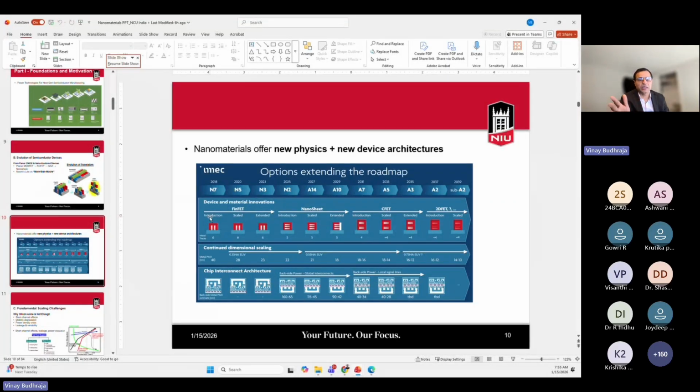It's a decade old story, and then it evolved from FinFET to the nanosheet, which will be dominated from 2025 to 2029, and then further 2031 to 35 CFET, and then 37 and beyond, it will be 2D FETs.